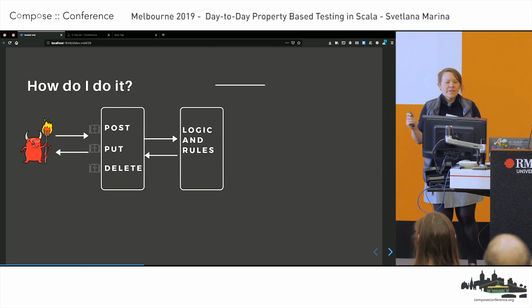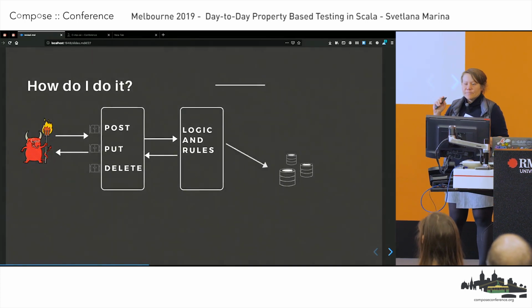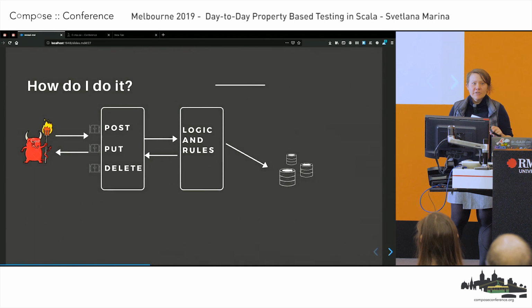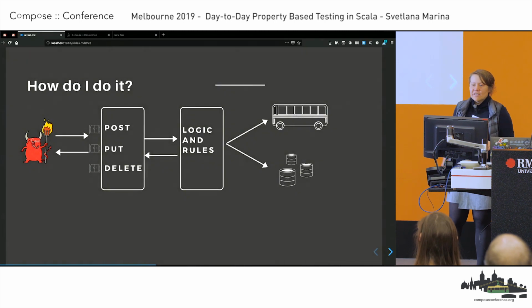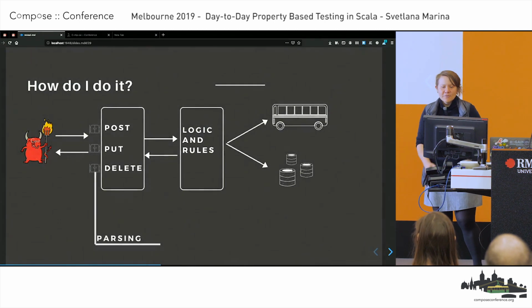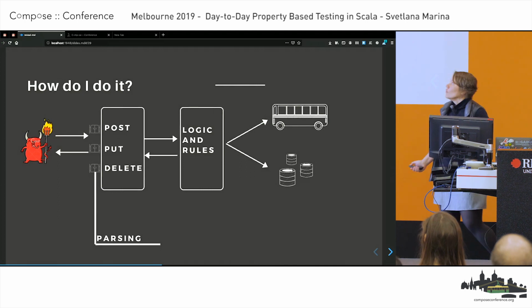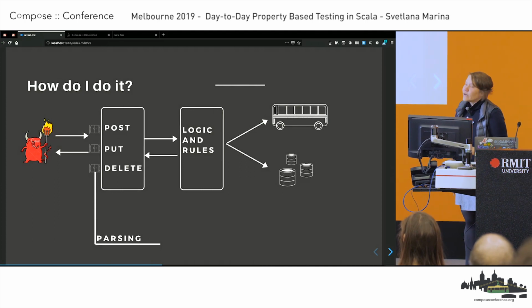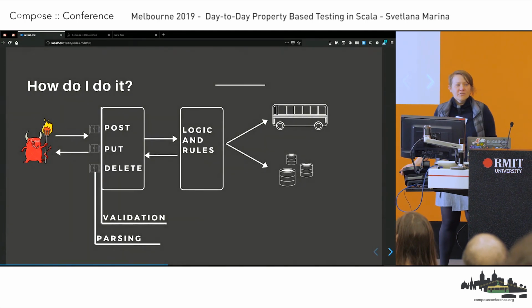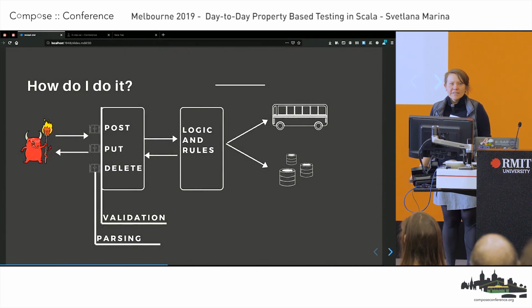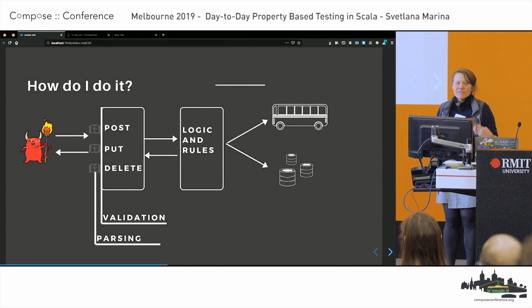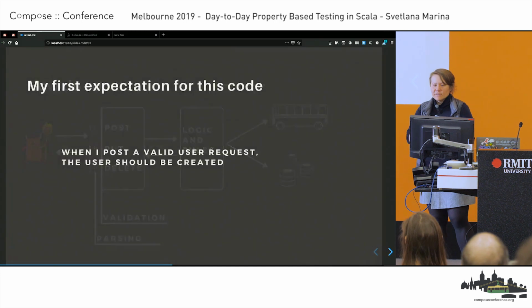People call it service layer or something, I don't know. And this logic and rules thing somehow saves it to a database or sends it somewhere else and things like that. On top of that, I also have parsing. I have some validation rules. Make sense? So this is the app we're trying to build, right?